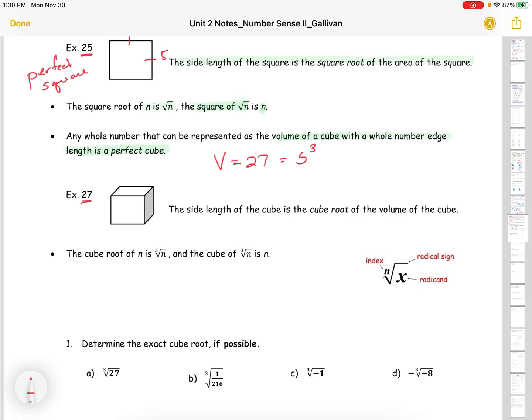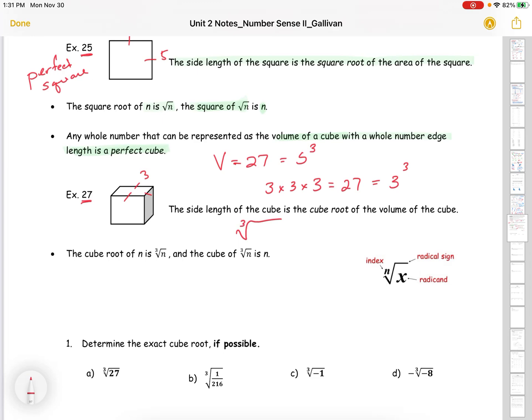So what that means is I need a number that will multiply to give me 27. Well, 3 times 3 times 3 equals 27, which is 3 cubed. So that would tell me that my side length here is 3.